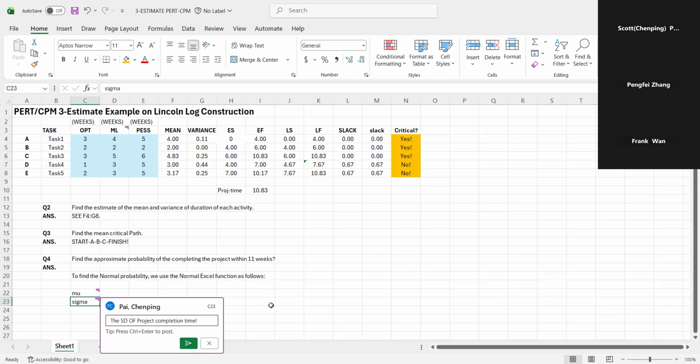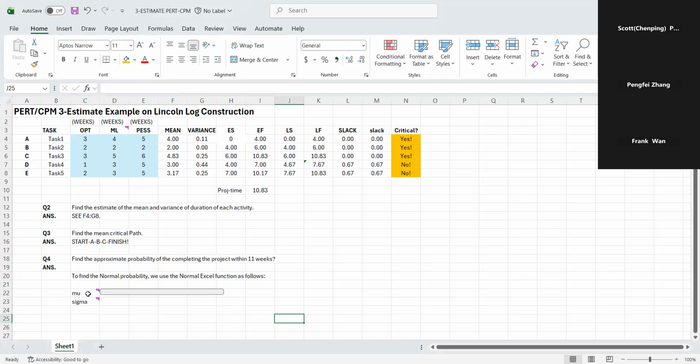Okay, the standard deviation of project completion time, we use sigma. Okay, mu and sigma. Now, what is the mean project completion time?